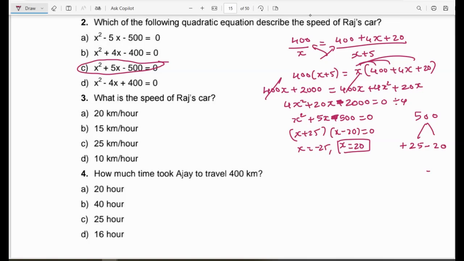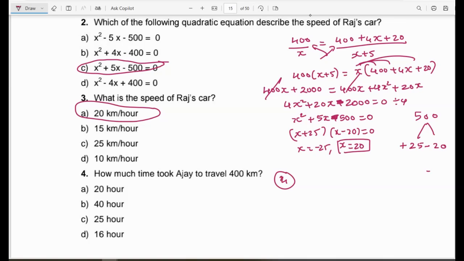What is the speed of the Raj car? The speed of the Raj car will be 20 kilometers per hour. That is option A. Now, how much time did Raj take to travel 400 kilometers?